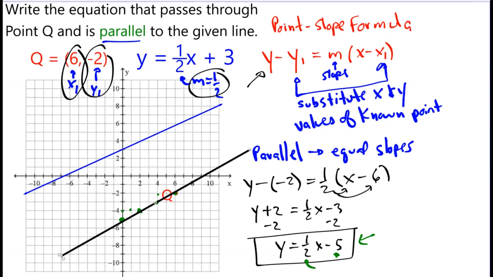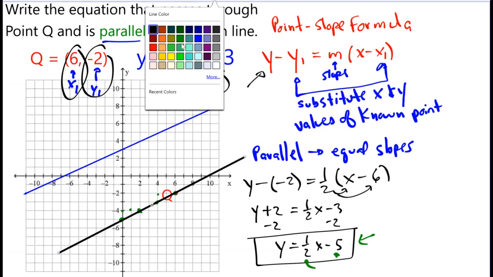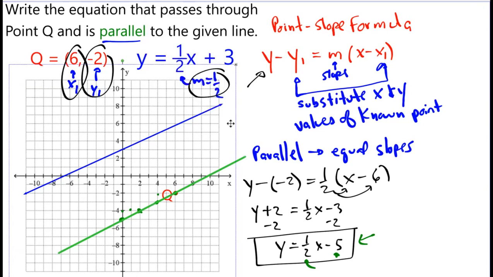So our linear equation passes through Q and is parallel to the given line. There we go. And that's from the equation that we just found.